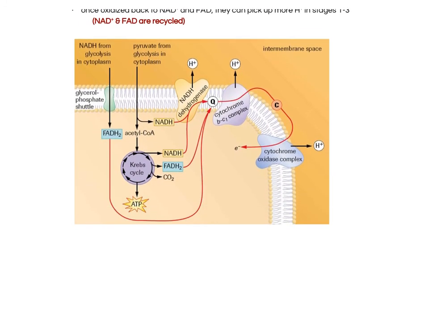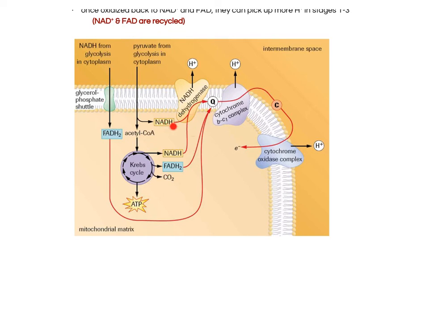Okay, so here's our overview, right? We have NADH from glycolysis that is going to travel across the inner mitochondrial membrane into the matrix. There we're going to produce more of it in the Krebs cycle, along with some FADH2. Those are sort of lying in wait to be used in the electron transport chain, where both NADH and FADH2 are used.